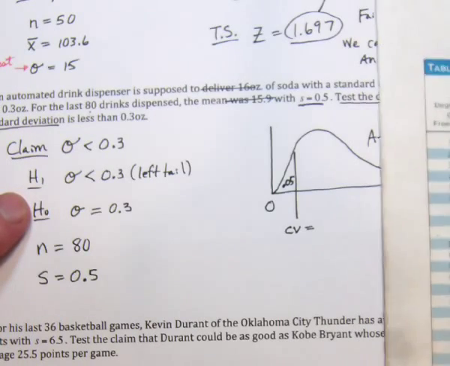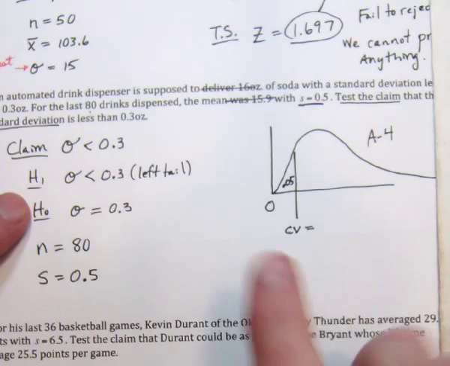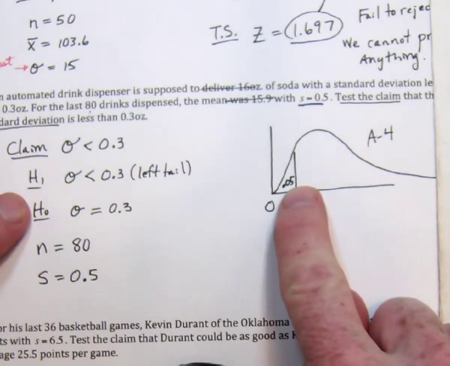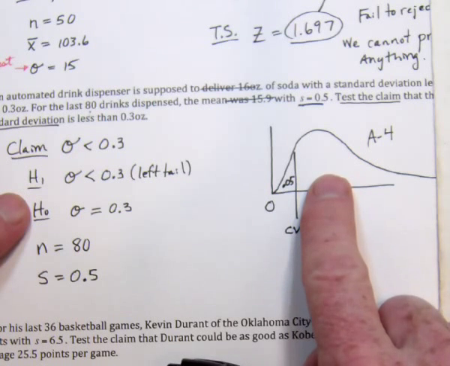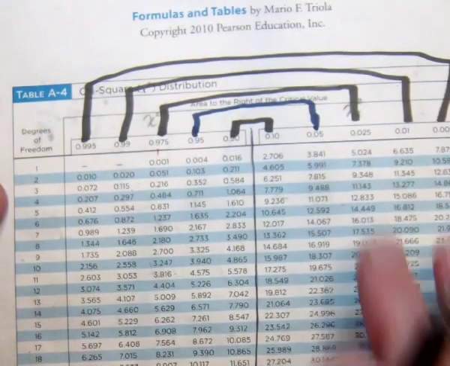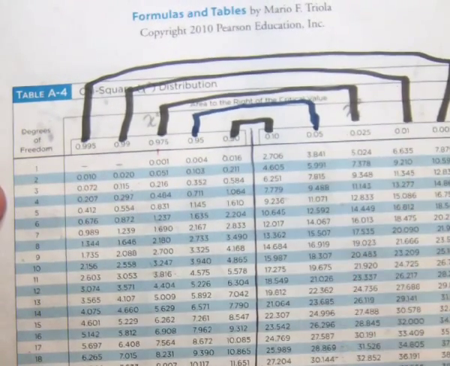Basically, this is a 0.05. That means that this would be a 0.95. When you're using this table, the right tails are on the right and the left tails are on the left. So we have to be using the left side of the table.